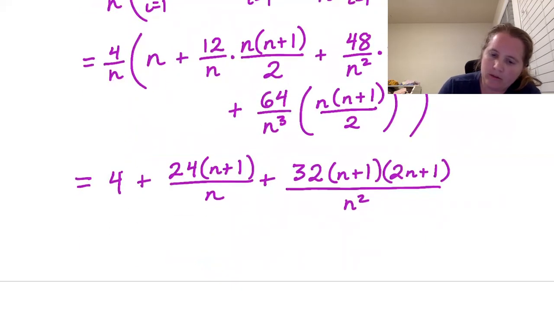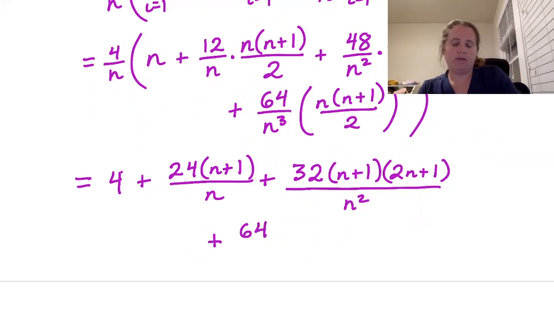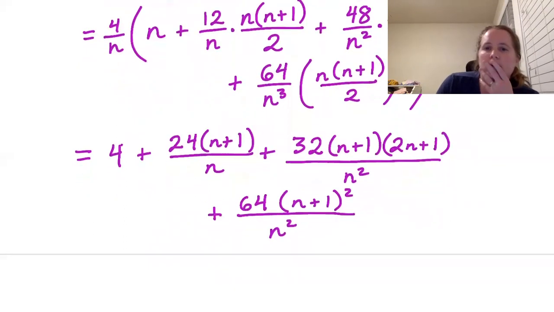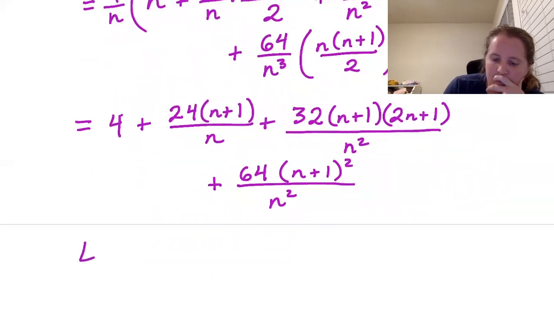And then we would have plus 128. Oops, sorry. That whole thing's being squared on the right. So we'll have 64. Then we have n squared to cancel out. We'll just have the n plus 1 squared left up top, and we'll have an n squared down below. And then we're going to let n go to infinity.